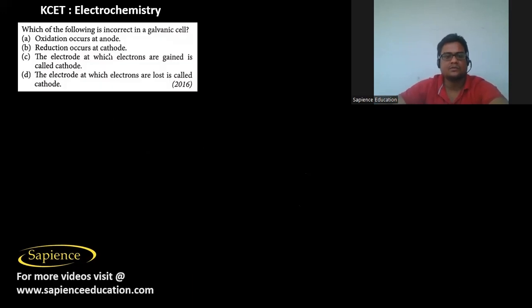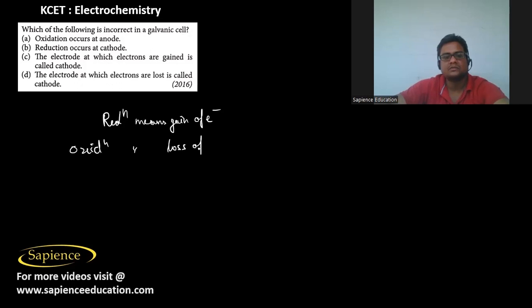Then which of the following is incorrect in a galvanic cell? So oxidation occurs at the anode, which is true, and reduction occurs at the cathode. Now reduction means gain of electrons, and oxidation means loss of electrons. So the electrode at which electrons are gained is called cathode.